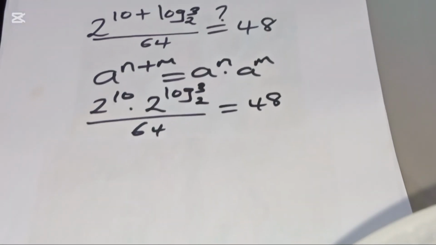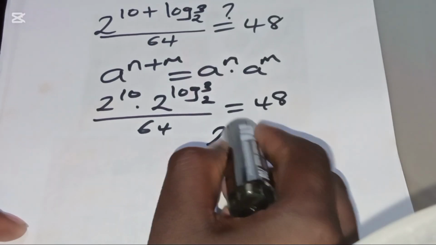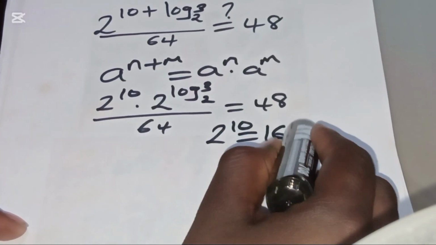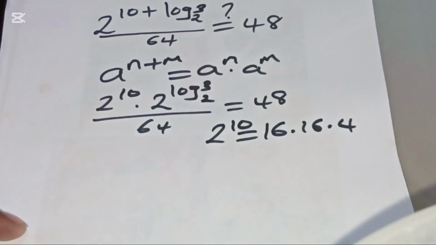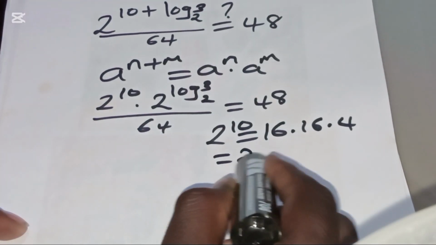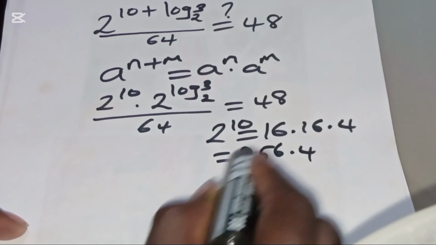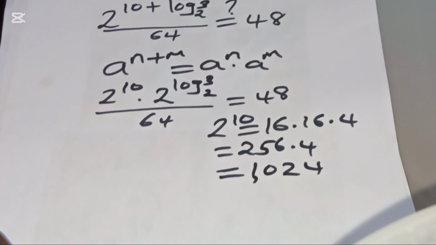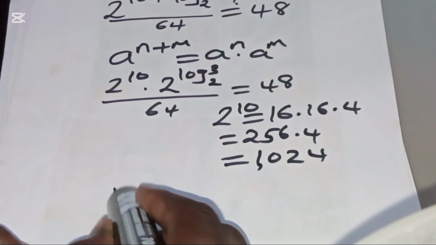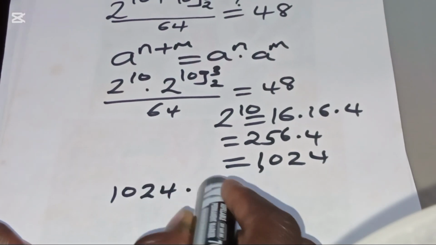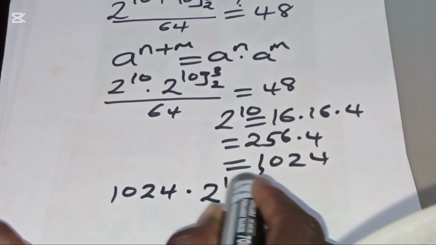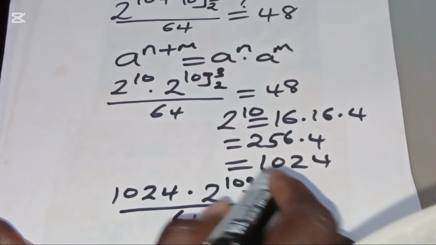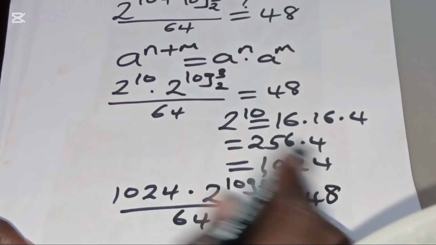Now, as you can see, 2 to the power 10 is the same thing as 16 multiplied by 16 multiplied by 4. So 16 times 16 is 256, times 4 is equal to 1024. So this means that we'll have 1024 multiplied by 2 to the power log 3 to base 2, divided by 64.